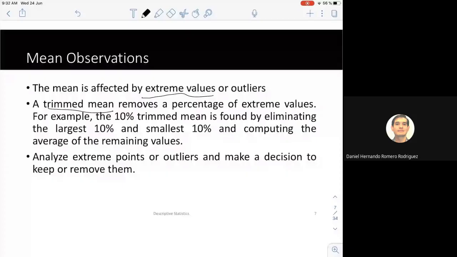That means that, for example, if we compute the 10% trim mean, we have to arrange the observations from the smallest to the largest value, and then remove 10% of the lowest values and 10% of the largest values. With the remaining observations, we find the mean. In that way, we make sure that we are not being affected by extreme values if we know that there are some extreme values in our data set.